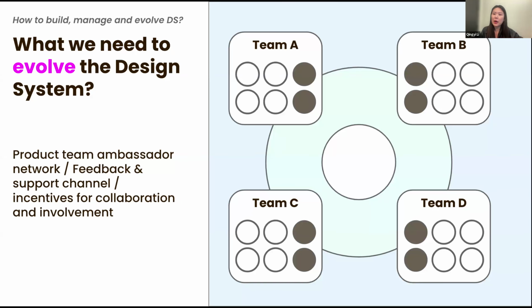We need to keep them empowered and comfortable being involved in the building of the system. We might also need strong incentives to help them contribute, something like a monetary prize, a bonus, good reviews, a badge, or special swag. You can think of anything you can give them to help keep them motivated to stay involved.